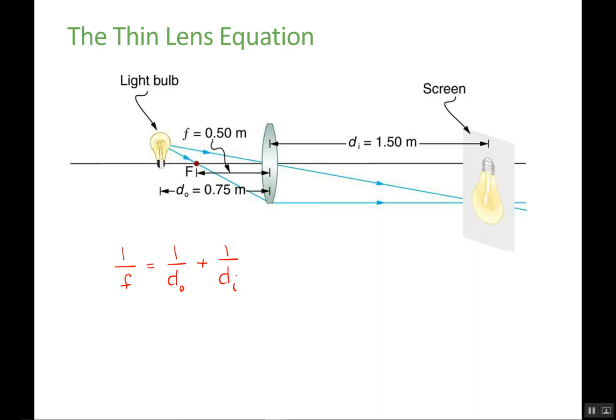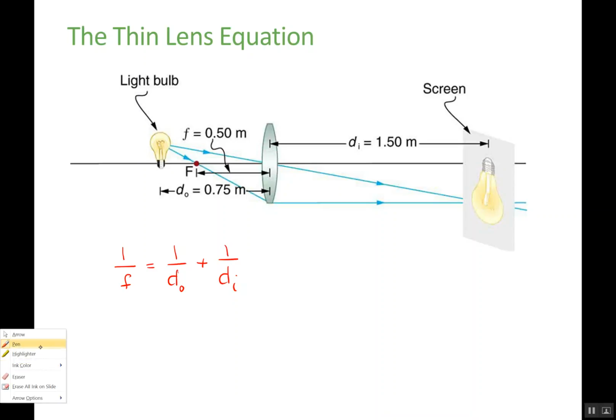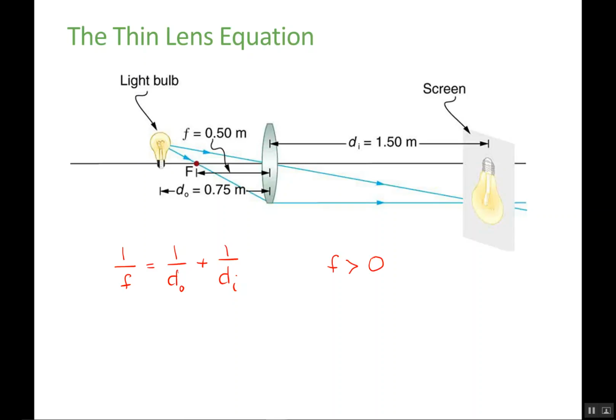So this thin lens equation, in order to use it successfully, we need to remember some conventions for the signs of these various quantities. And the first convention that's important to know is that for converging lenses like this convex lens in this picture here, the focal length by convention is always greater than 0.